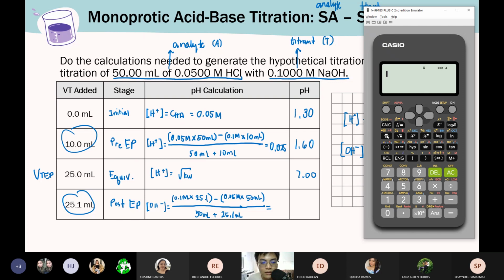Okay, let's calculate the OH concentration. Okay, so parenthesis, 0.1 times 25.1, minus 0.05 times 50, divided by 50 plus 25.1.